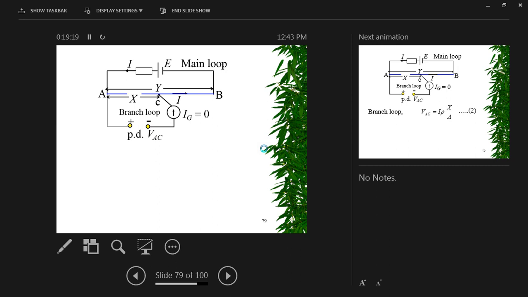Look at the PD across AC. There's a driving potential difference in the main loop. It tries to push the current through AB. And in fact, if this were a resistor, it would try to push the current through this resistor as well. But is this a resistor? No, it's an EMF source because there's a positive and negative terminal, and it's oriented in such a way that it tries to push the current backwards.